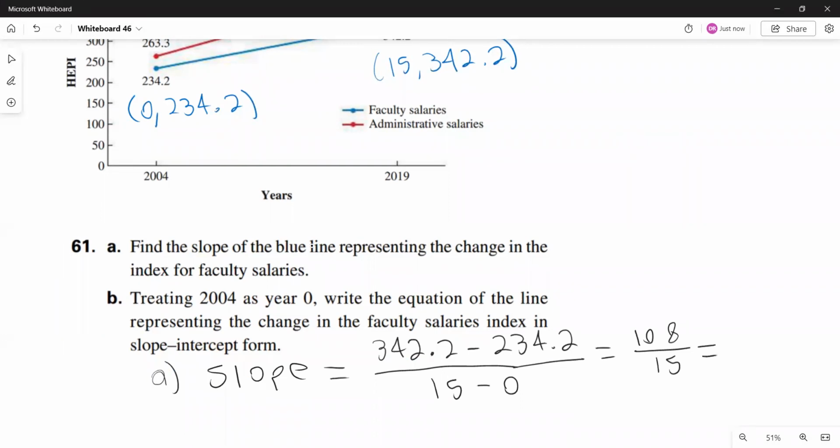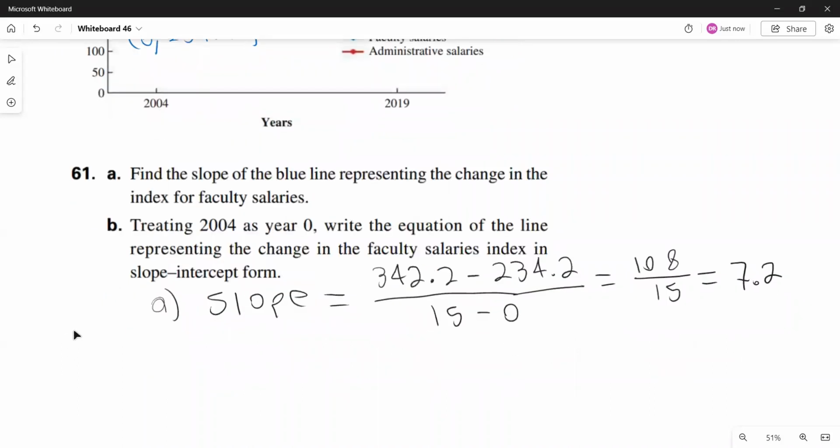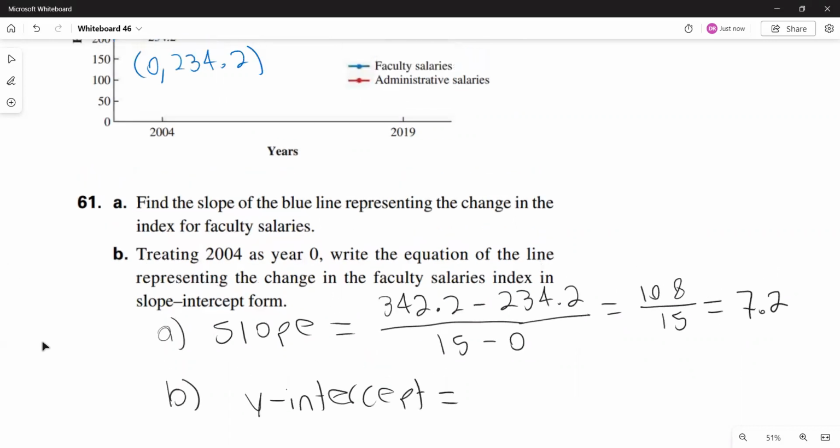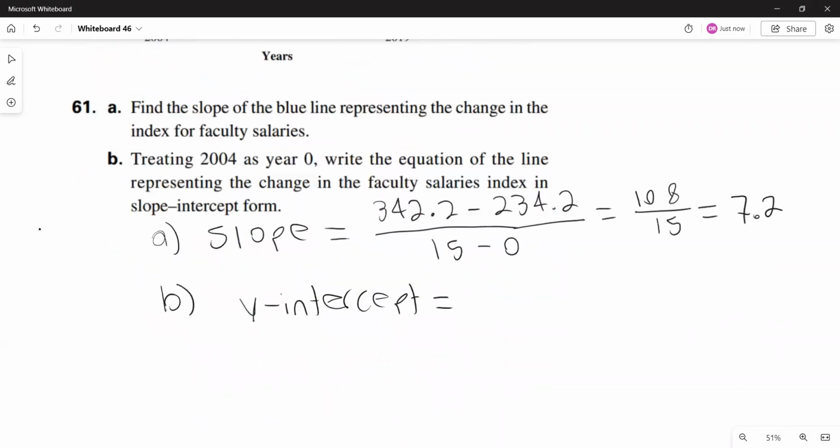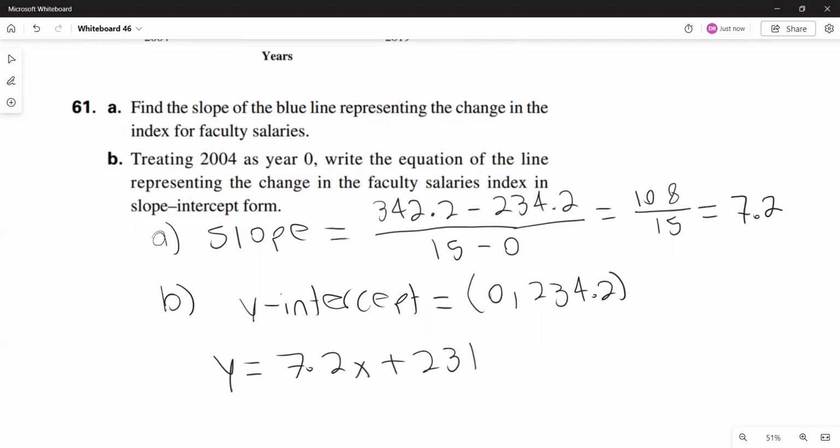It's 7.2. So we got that part. And then in part B, we know the slope, we know the y-intercept. The y-intercept is 0, 234.2. And the equation of the line is going to be y equals 7.2x plus 234.2.